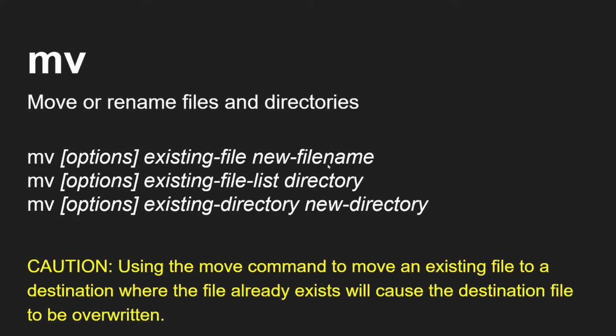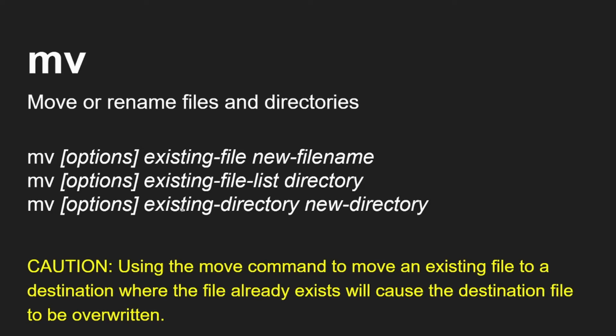The new file name argument is the new file name that mv will assign to the existing file. In the second form, the existing file list arguments are a list of one or more files or directories that mv will move, and the directory argument is the name of the directory where the existing files will be placed.